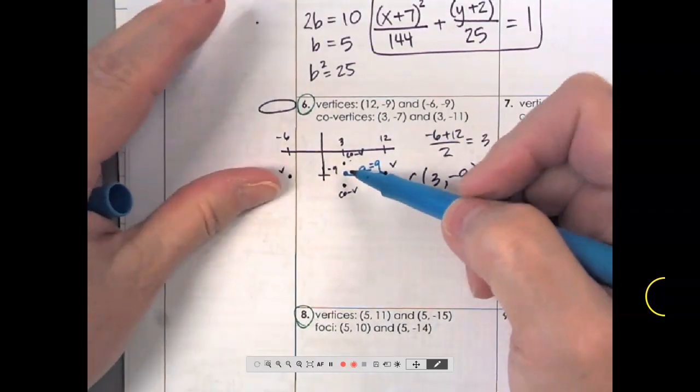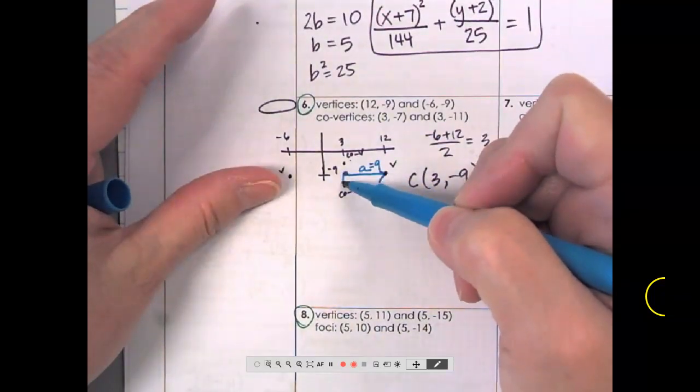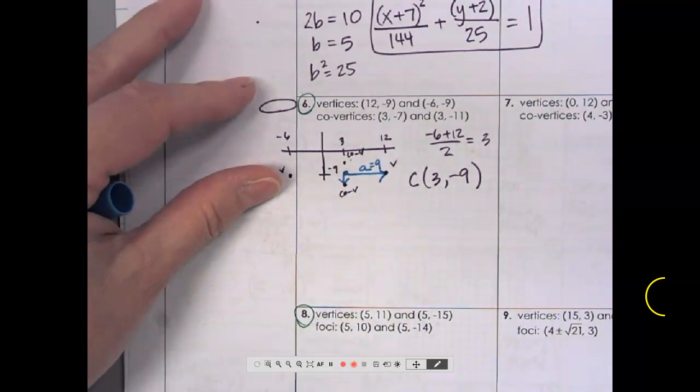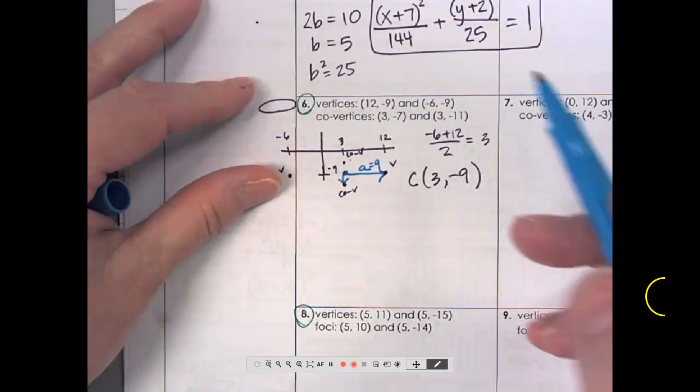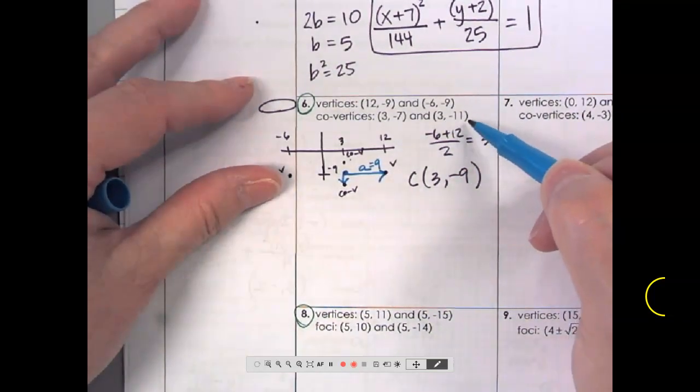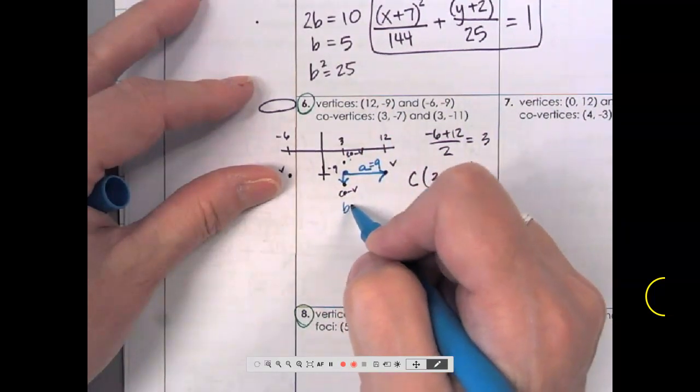How far is it from the center down to that little point? I'm at 3, negative 9, and I'm going down to 3, negative 11. 2. So B is 2.